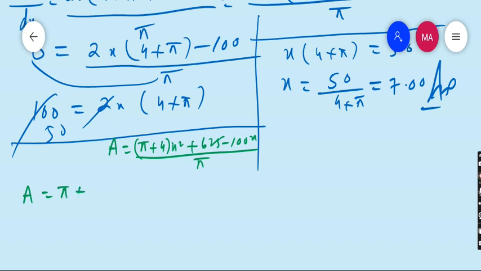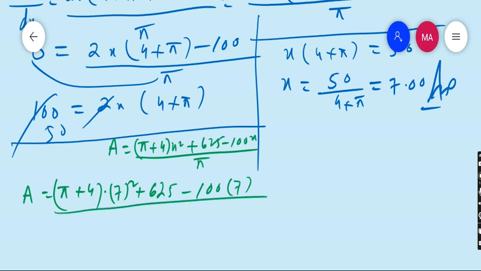So π plus 4 into 7 squared plus 625 minus 100 times 7 upon π. You have a scientific calculator to find the final answer.